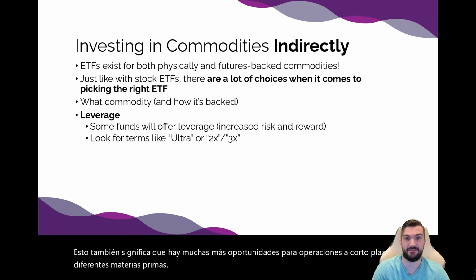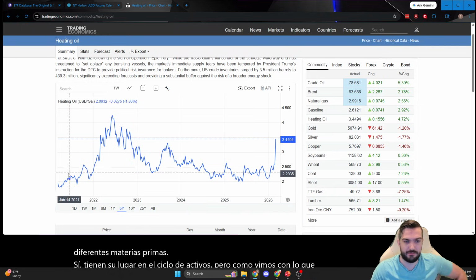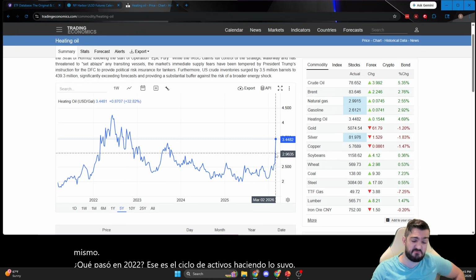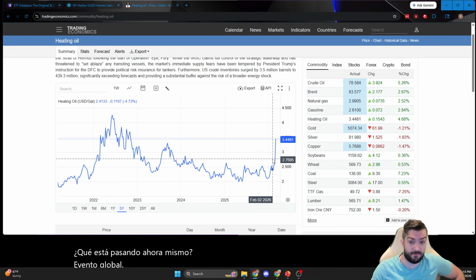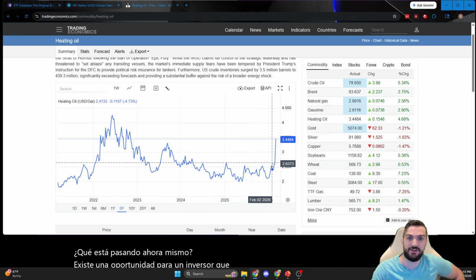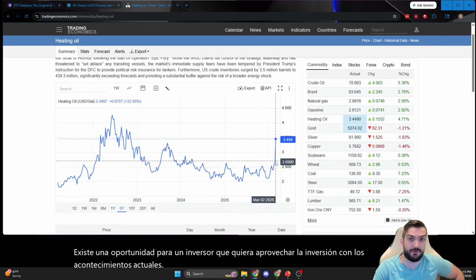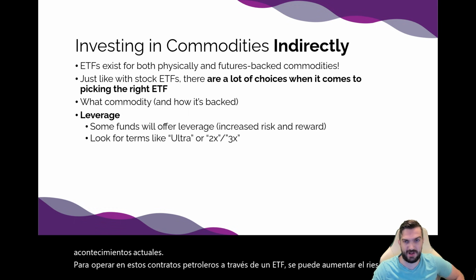Yes, they have their place in the asset cycle, but as we saw with what happened in 2022, that's the asset cycle doing its thing. What's happening right now? Global event. There is an opportunity for an investor that wants to take advantage of investing with current events to trade on these oil contracts through an ETF and increase the risk and reward through a leveraged fund as well.